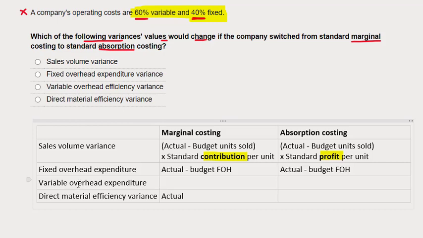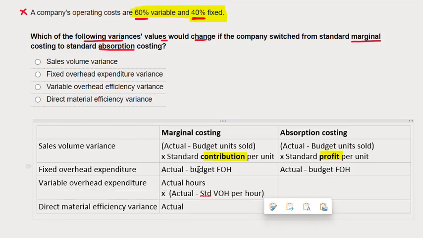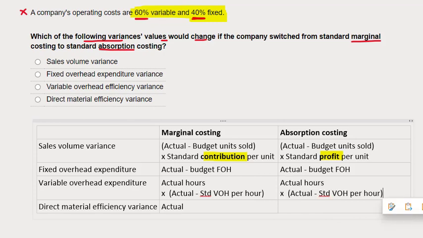And I know my formula. My formula is I take the actual hours that the business has worked producing things, and I times that by the difference between the actual variable overhead rate per hour and the standard variable overhead rate per hour. And it is exactly the same calculation under absorption costing. There's no difference.